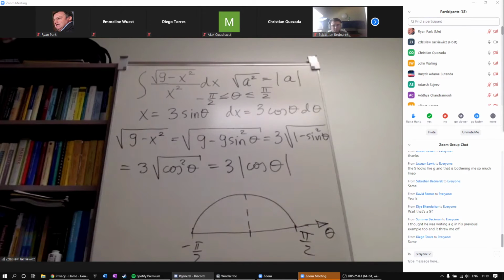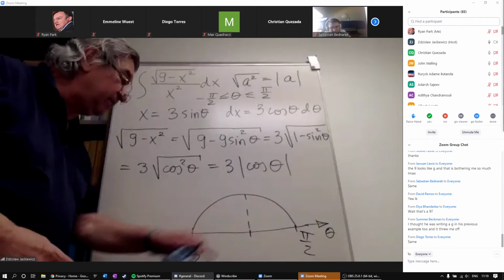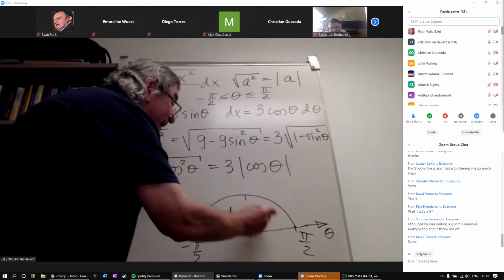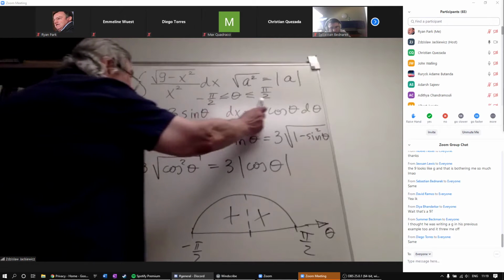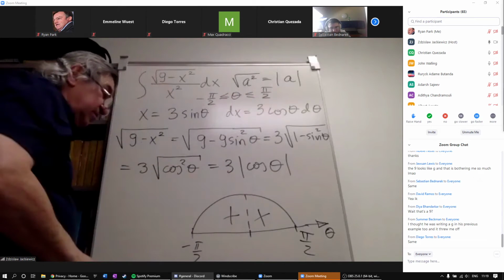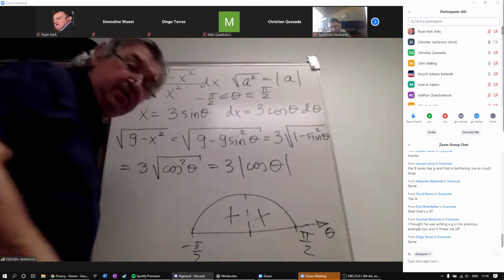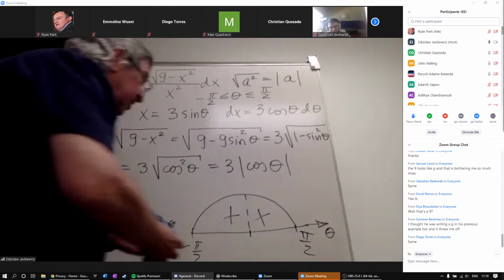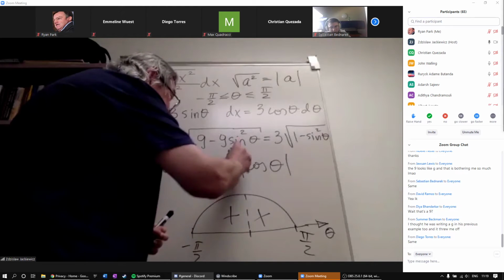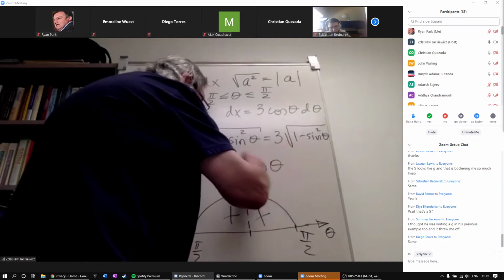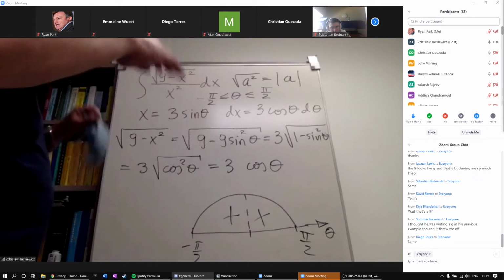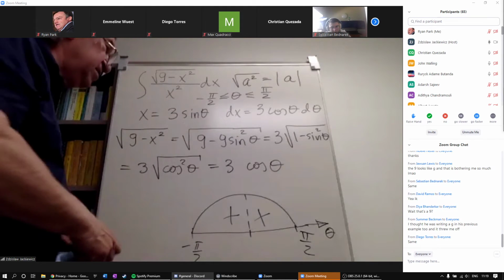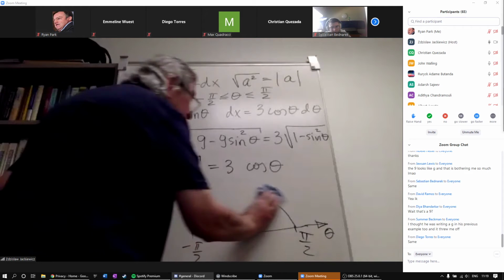What you see is that cosine theta between minus pi over 2 and pi over 2 is always positive. So this was the reason for this restriction. Cosine theta is positive, so you can get rid of the absolute value. And this is really convenient. It's very difficult to integrate functions defined by absolute value because you have to split integrals into pieces where things are positive, negative, and so on. So this makes life much simpler.